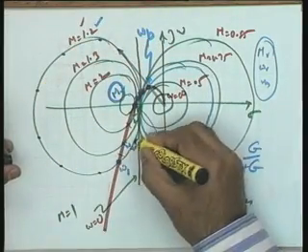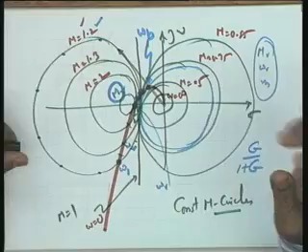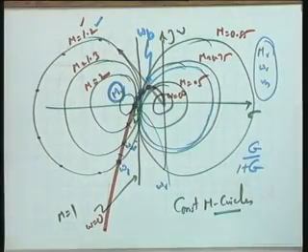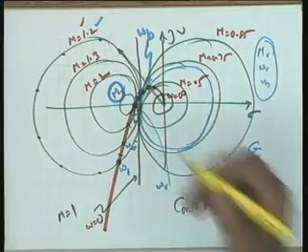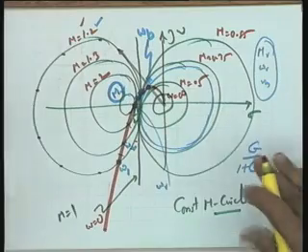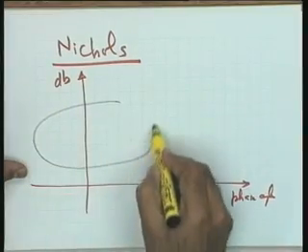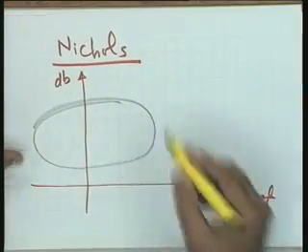So, it means for M is equal to 1.2, you have a table of magnitude and phase angle for different points. Frequency is not important, frequency is not coming in the picture at all. It is only a magnitude and phase angle table you can generate, and if I translate this information onto this magnitude versus phase angle plot, I am going to get a plot of this nature.